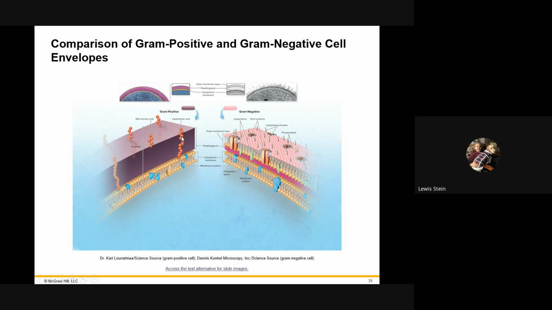You don't see any tethering. It's somehow adherent, and you can see a relatively thin layer of the peptidoglycan. And interestingly enough, between the outer membrane and the inner membrane, surrounding that peptidoglycan, is a unique thing called periplasm. And a lot of interesting stuff goes on in periplasm.